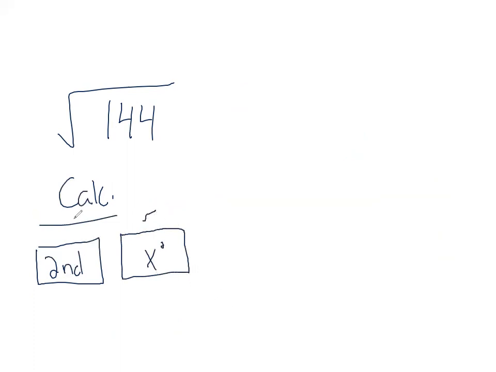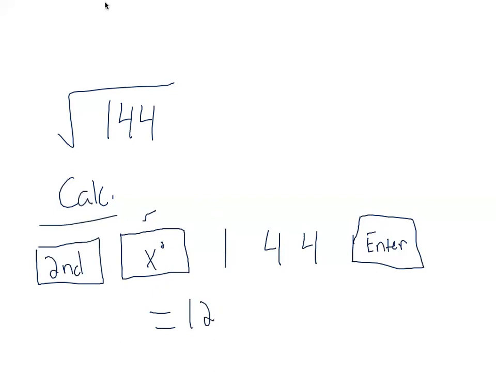So if you hit second, squaring, you get the square root symbol. And then you hit 1, 4, 4, and then enter. Thank you, Jeff. You're welcome.